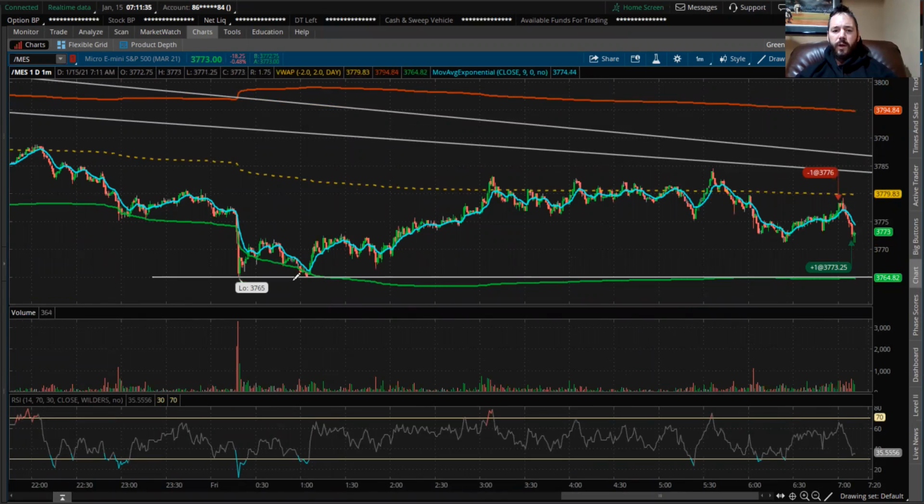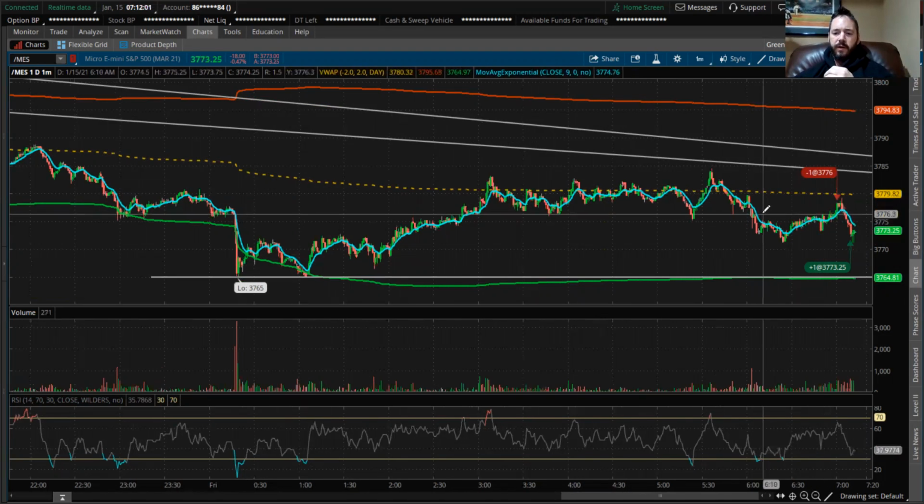So overnight, we hit a low on the S&P 500 futures at 37.65. We recovered a little bit throughout the early morning. This is 3 a.m. Hit VWAP and traded around there, and then started to come back down. And then when it came up here again to test VWAP, I realized that we're in a bearish zone, right?